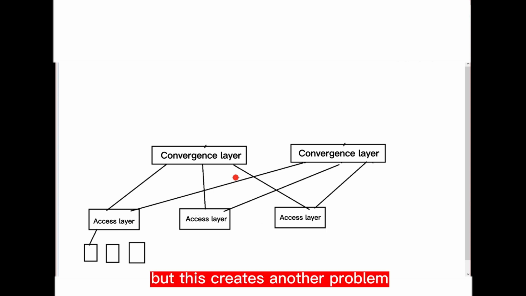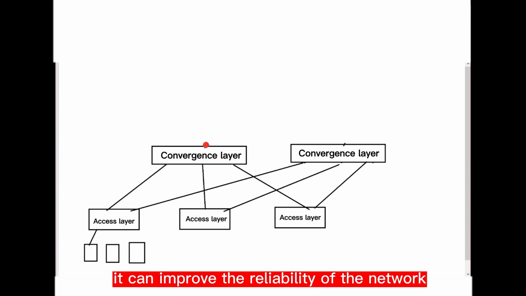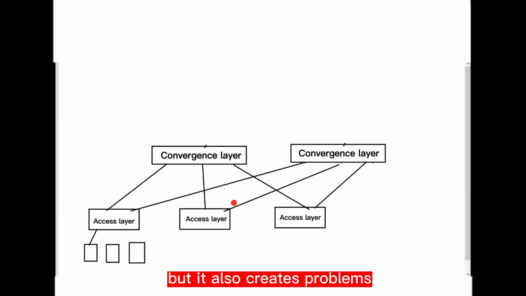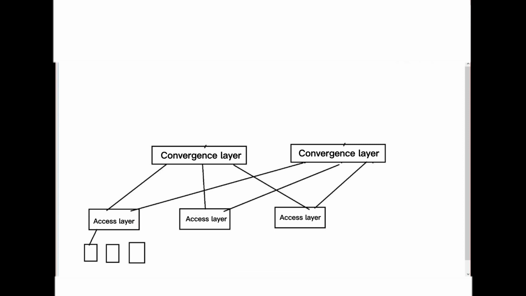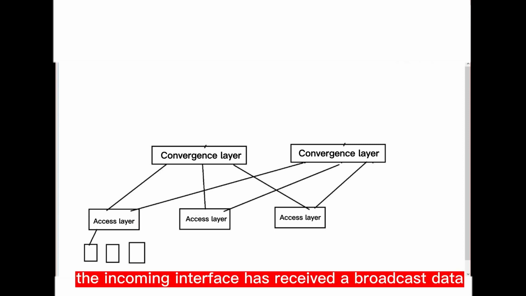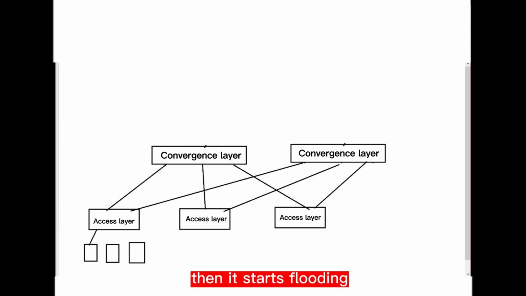But this creates another problem. It can improve the reliability of the network, but it also creates problems. Let's take a look. We discussed switches today. For a broadcast packet, the switch floods it. The incoming interface has received a broadcast data, then it starts flooding.